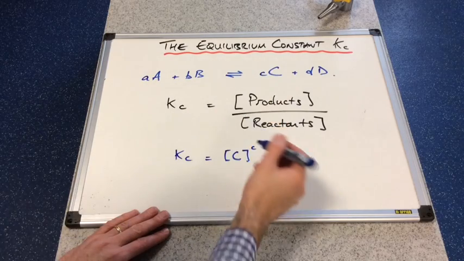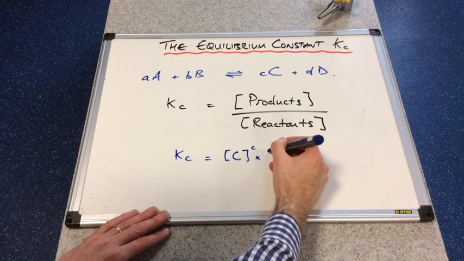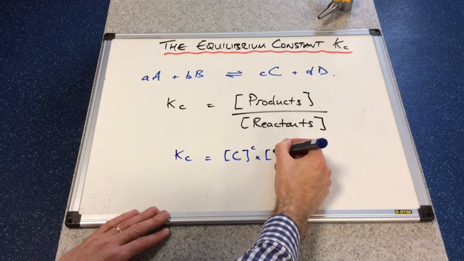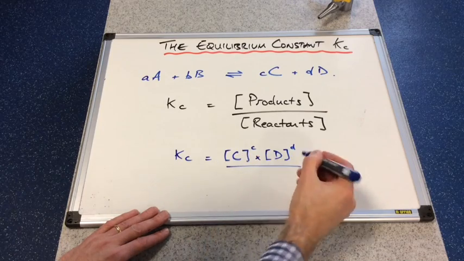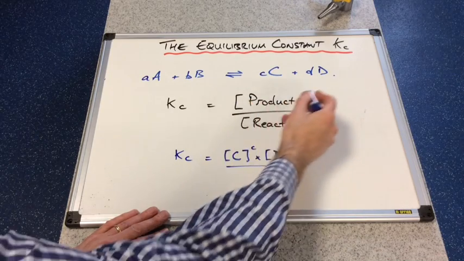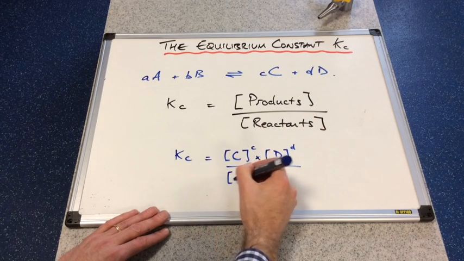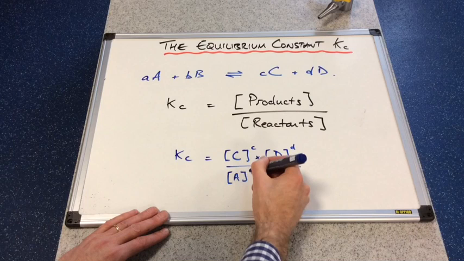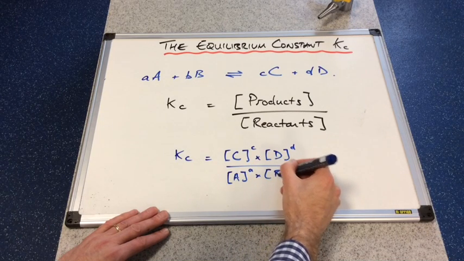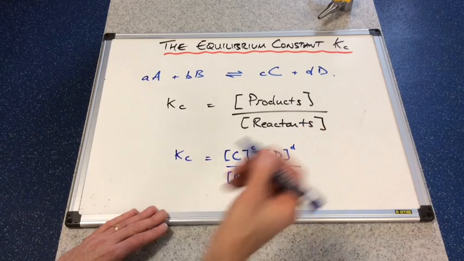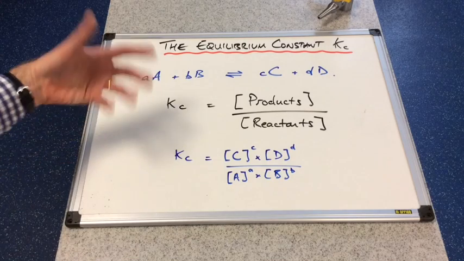If there was no number in front, it would just be to the power 1. That's multiplied by the equilibrium concentration of D raised to whatever the balancing number is, so raised to the power d, all over, so they're the product concentrations, all over the reactant concentrations at equilibrium. So it's the equilibrium concentration of A raised to the power a multiplied by the equilibrium concentration of B raised to the power b.